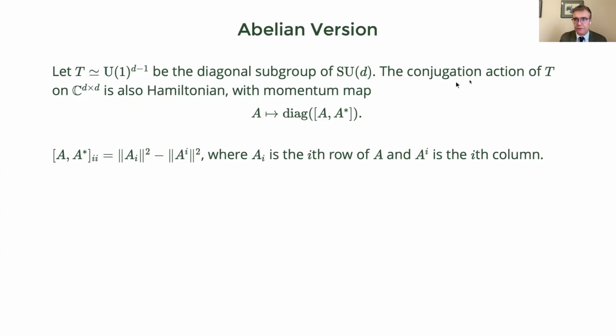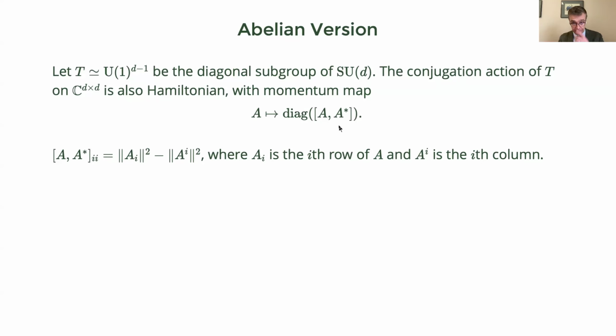And again, this is going to turn out to be a Hamiltonian group action, and the corresponding moment map is, instead of taking the bracket of A with A star, which was the moment map for the whole thing, I just project onto formally the dual of the Lie algebra of this maximal torus, which turns out to just be the diagonal elements of these traceless Hermitian matrices.